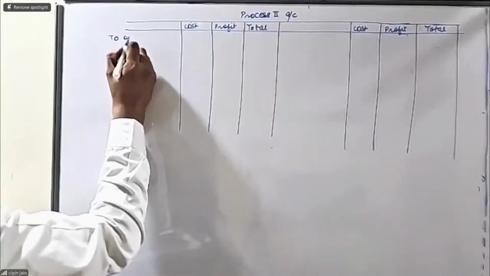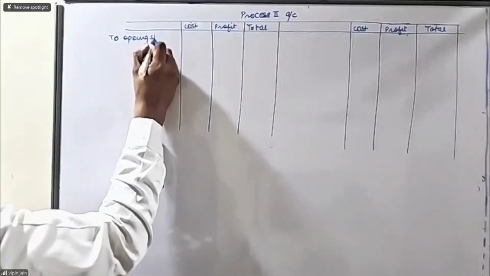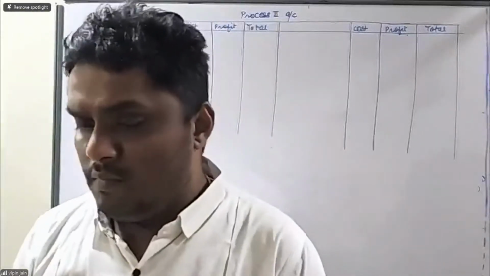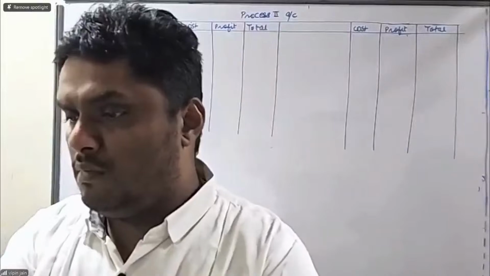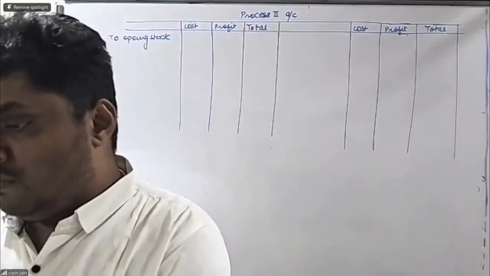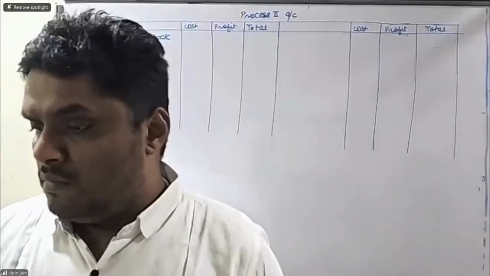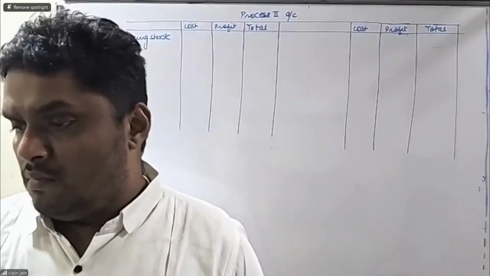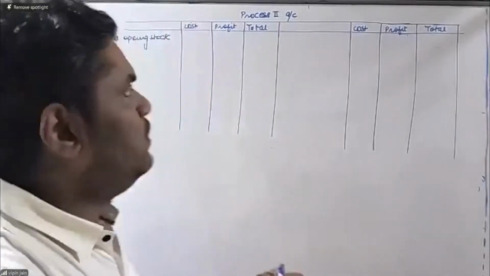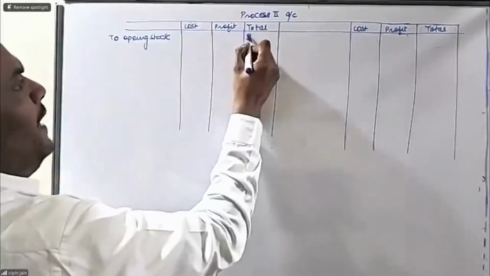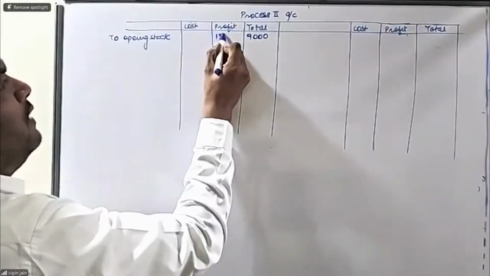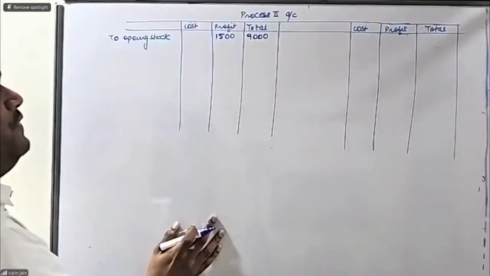So here in opening stock we have 9,000 and the inter-process profit included in opening stock is 1,500.